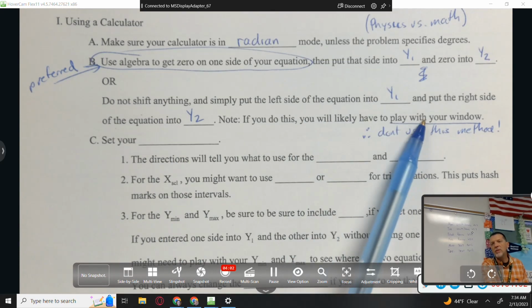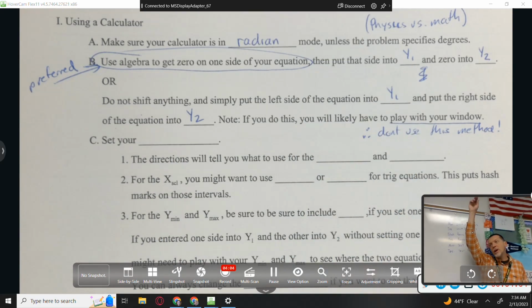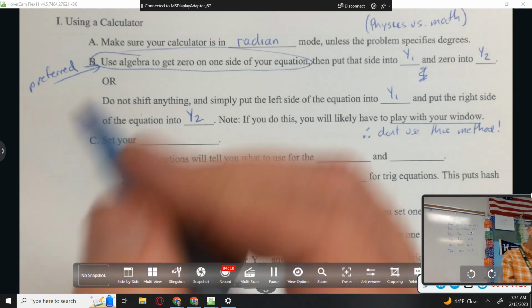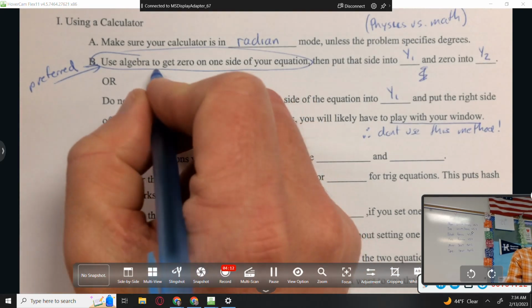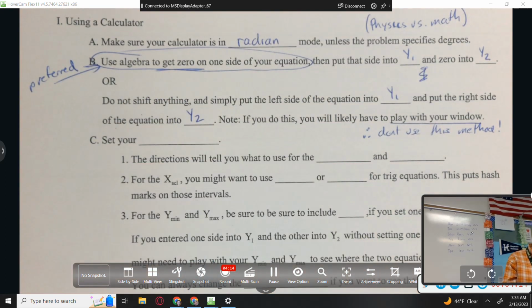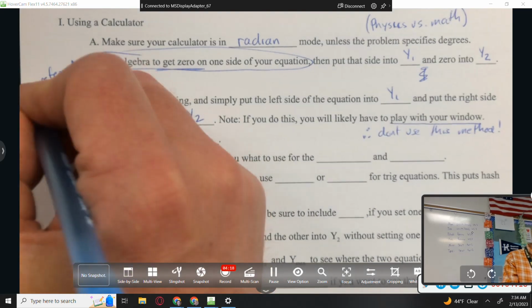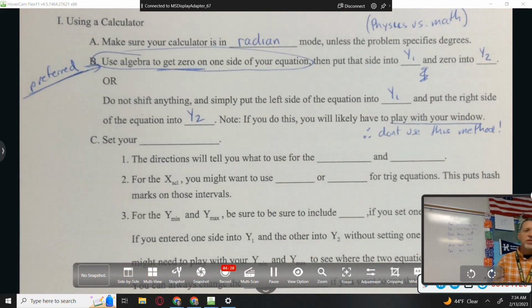So you have to play with your window to figure out, is it way up here, is it way down there? Every time you have to go looking around. So it's much better, and it doesn't take much algebra to get 0 on one side, because you're just adding or subtracting things, and it makes it a lot easier. So I will almost always do it that way rather than 2 equations.